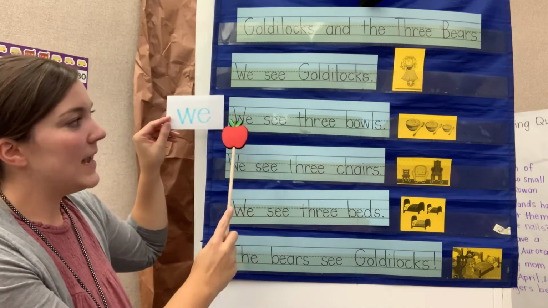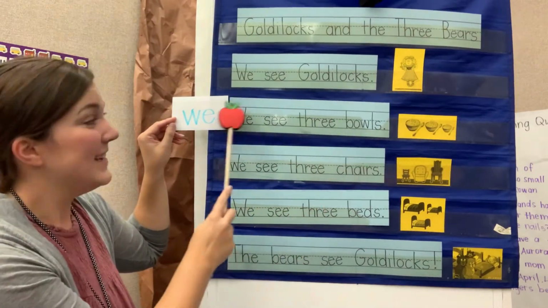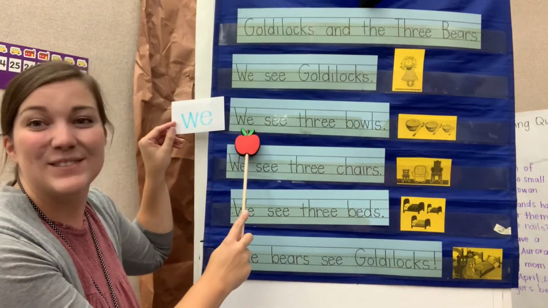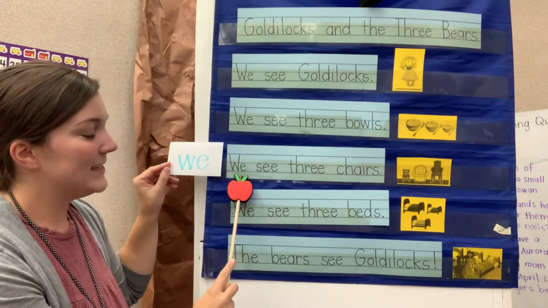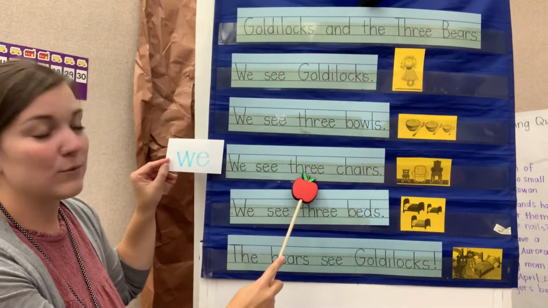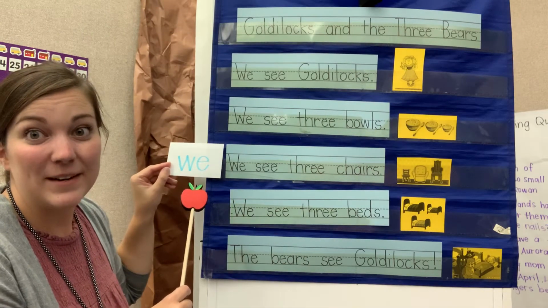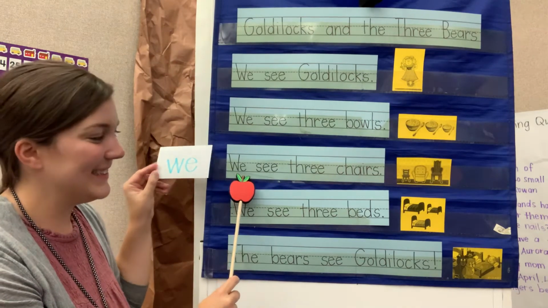Let's look on the next line. We see three bowls. Do you see the sight word? There it is right there at the beginning again. The next line says, we see three chairs. Do you see the sight word? Here it is, we.